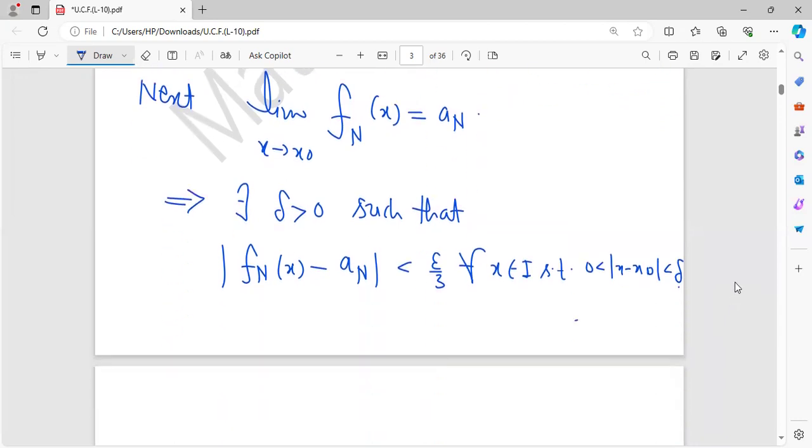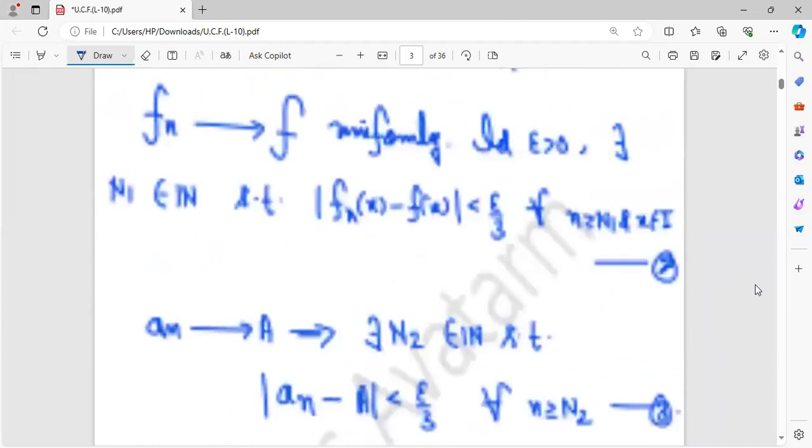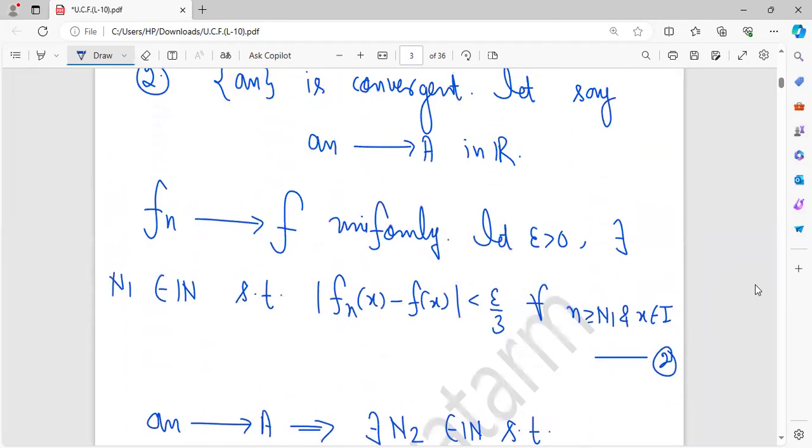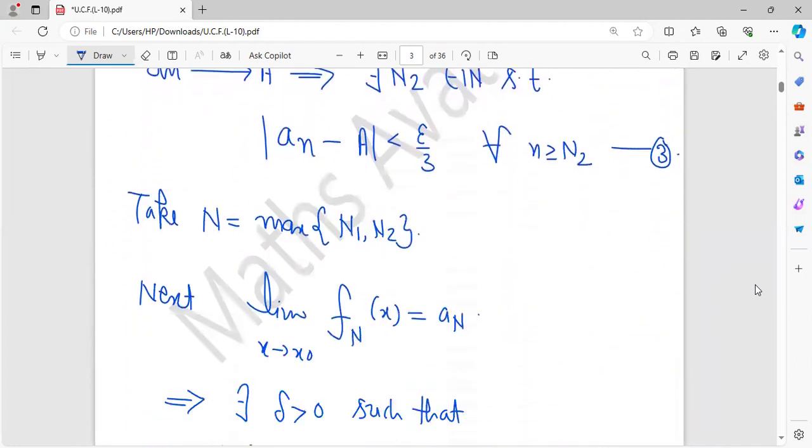Let's say it is equation number 4. So we have three equations, equation number 2, 3 and 4.